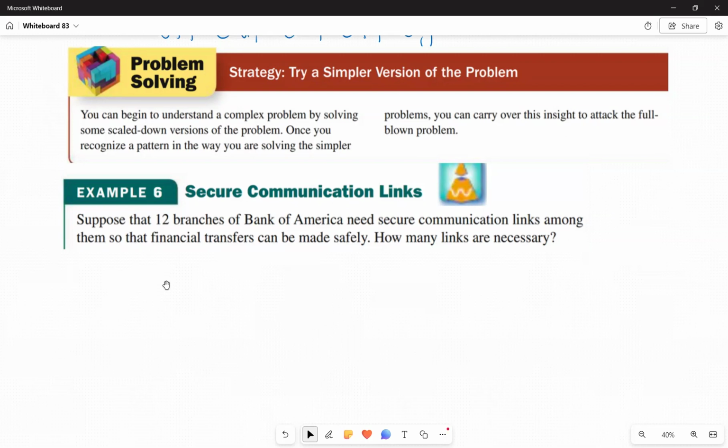How many links are necessary? So 12 branches are a lot. That's a lot to try to do all at once. So instead of doing all 12, we're going to start with a smaller number and identify a pattern.